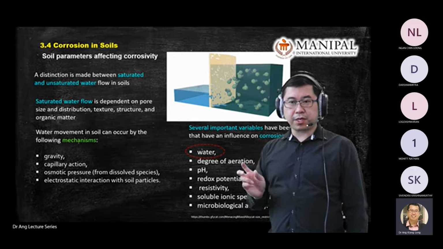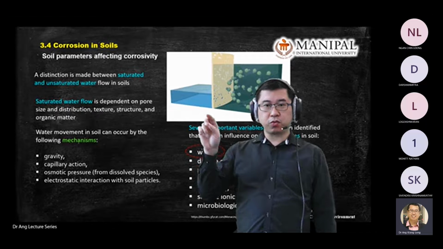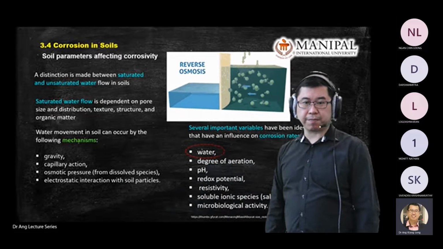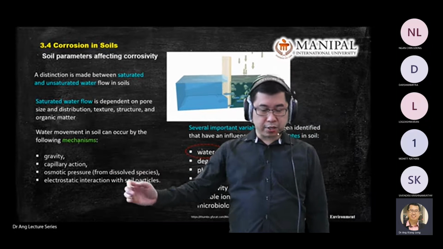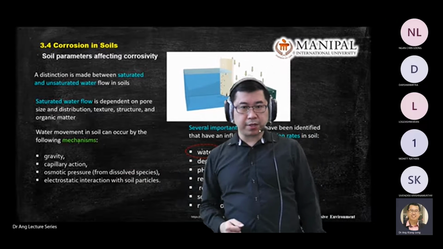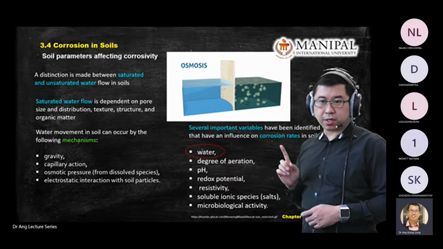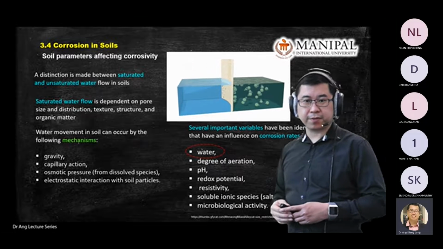Sometimes soil particles carry positive or negative charge, and water, H2O, is attracted to these electrostatic charges. These 4 mechanisms are important when you talk about how water in soil affects your corrosion rates.